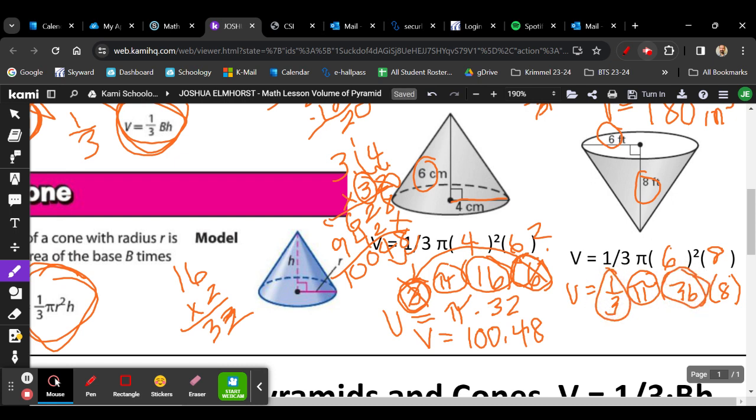Divide by 3. So 1/3 times 36. 36 divided by 3 is going to be 12 times 8. And then that times pi. So it looks like the last step, volume is going to equal 96 times pi.